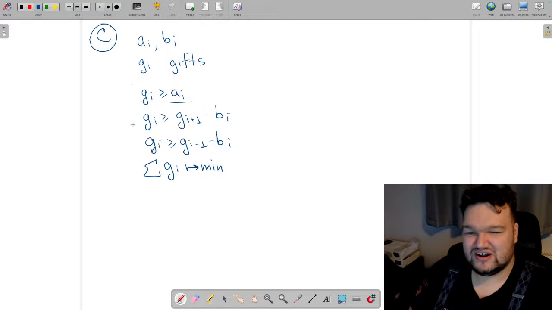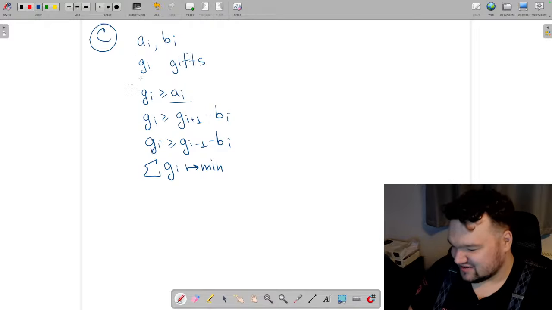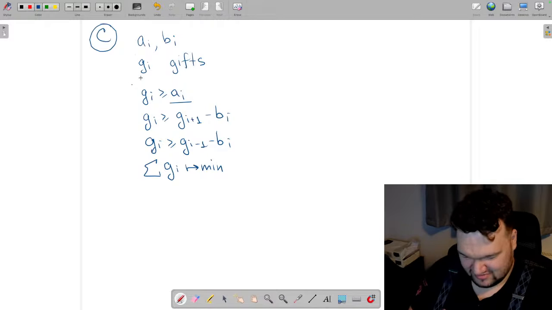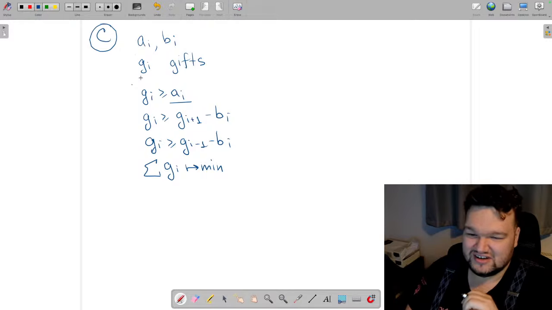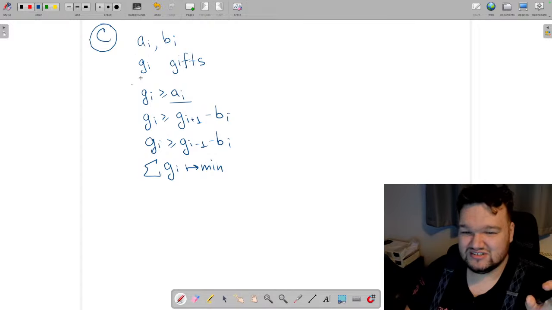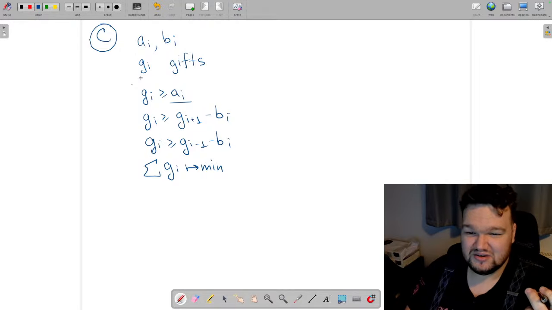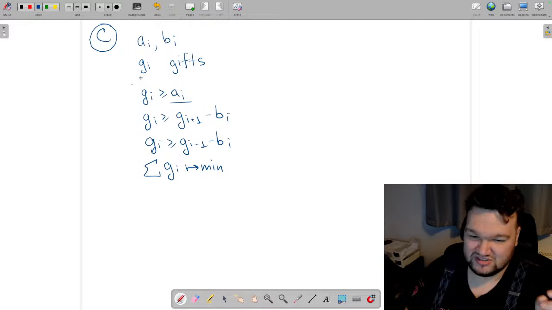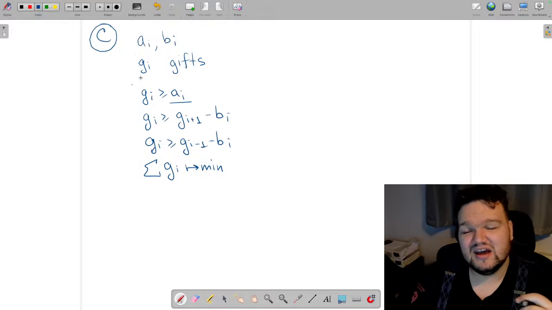You could try to maintain some kind of queue of events that you need to process when we have some unhappy child. Put their index in the queue and then process those events. When we give some child more gifts, maybe some of their neighbors become unsatisfied, and we check that and put them in the queue if needed.